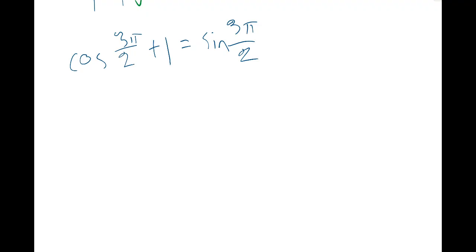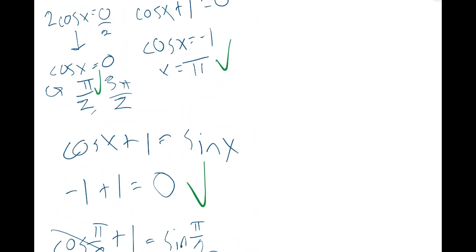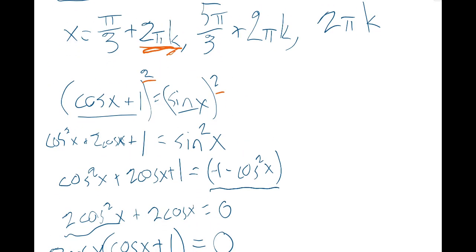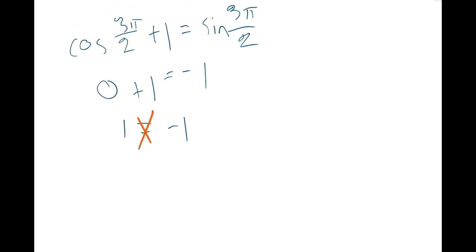We get 0 plus 1 equals sine 3 pi over 2, which is actually negative 1. So then we get 1 equals negative 1. That's not true. So that means 3 pi over 2 is not a real solution. We just got that because when we squared both sides, we created solutions that weren't actually there. So those are our solutions.